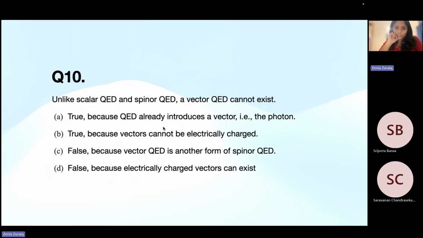Unlike scalar QED and spinor QED, vector QED cannot exist. Is this true or false? Okay, someone says A.